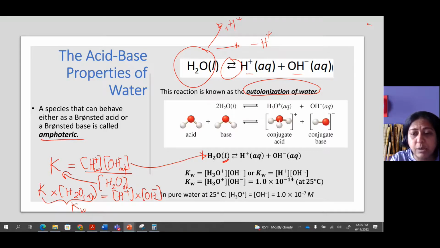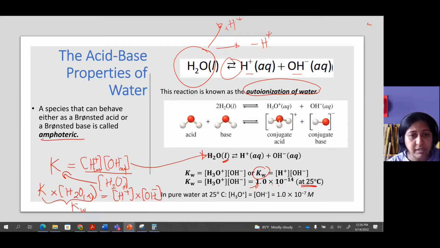The value of Kw equals 1.0 times 10 to the negative 14 at 25 degrees Celsius. When we mention an equilibrium constant, it always has to be followed by the temperature at which the equilibrium constant was calculated.